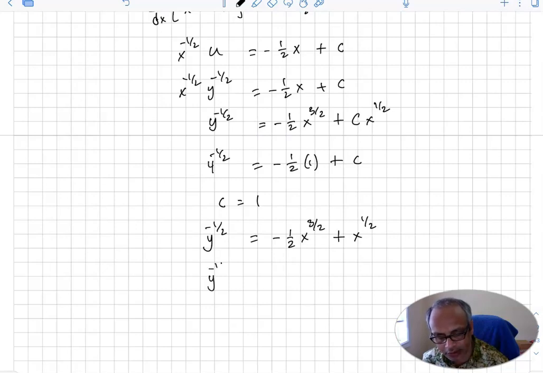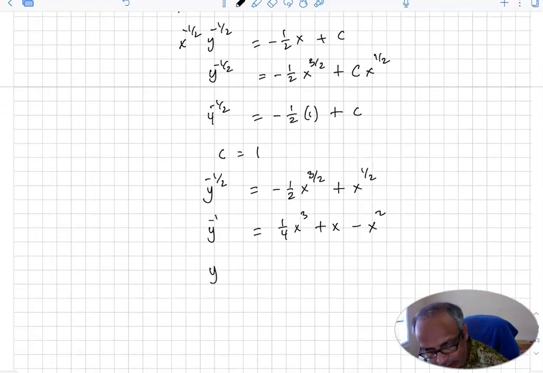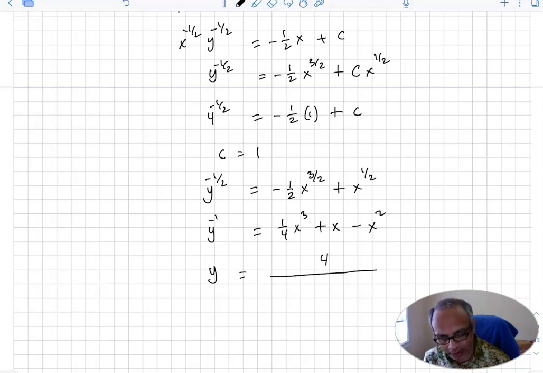So I get y to the minus 1 on the left-hand side, and on the right, using (a plus b) whole square, 1 quarter x cubed plus x minus 2ab... x to the power 3 plus 1 is 4, so x squared. Okay, so y equals, you just take the reciprocal and multiply by 4, so 4 over x cubed minus 4x squared plus 4.